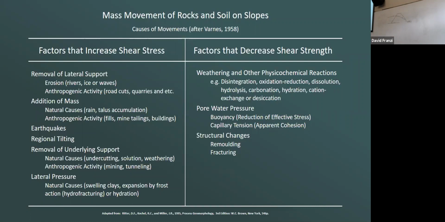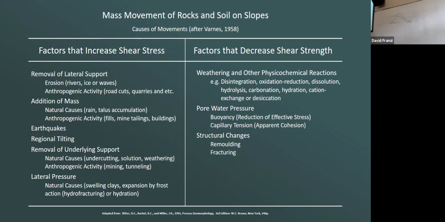So removal of lateral support, that's like removing that slice 9 that we were talking about in the previous example. When you do that, you are removing lateral confinement, and that's going to decrease your factor of safety.